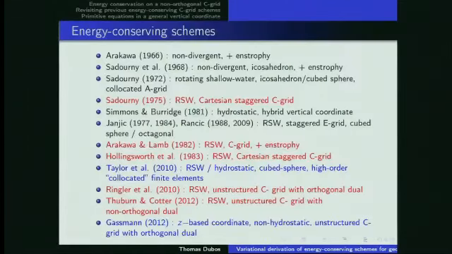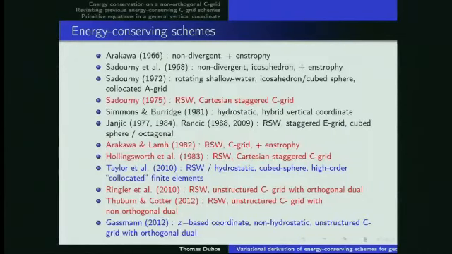Okay, so energy conservation goes back a long time, starting maybe from Arakawa down to, say, Anwood Gassman. It handles non-divergent flows, shallow water, rotating shallow water flows, three-dimensional hydrostatic flows, and three-dimensional non-hydrostatic flows.